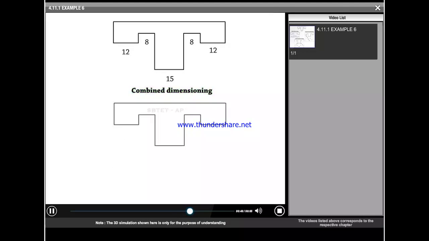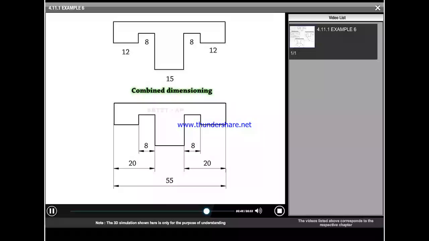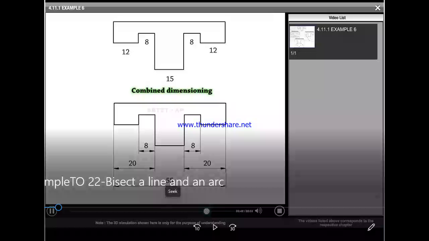And in combined dimensioning, both methods are used so as to show the dimensions conveniently. Note down all these methods.